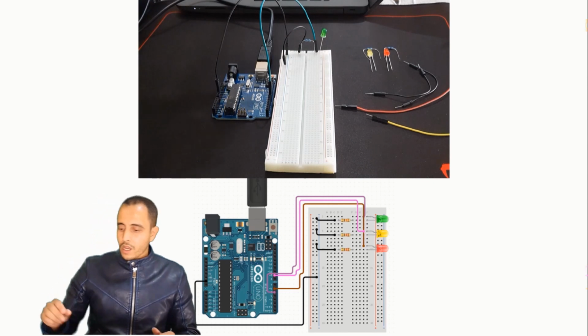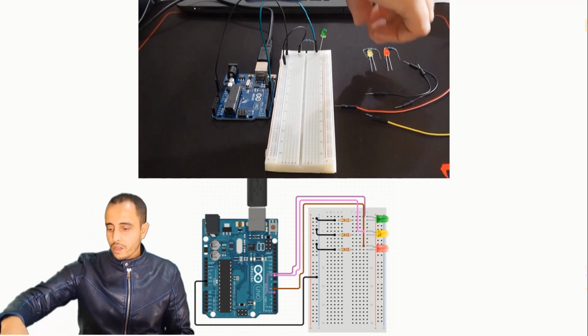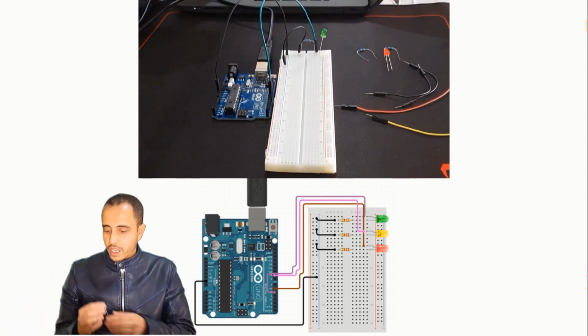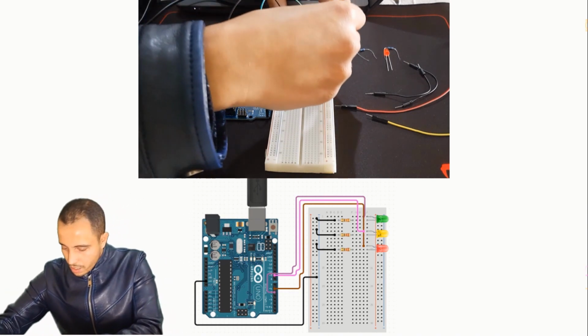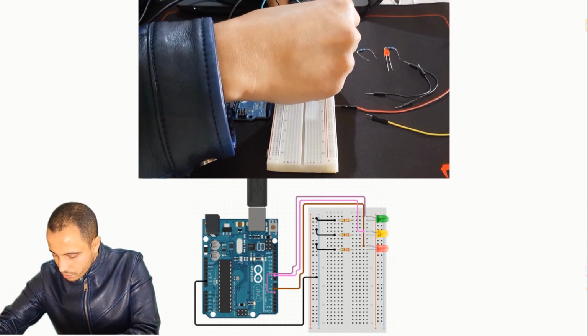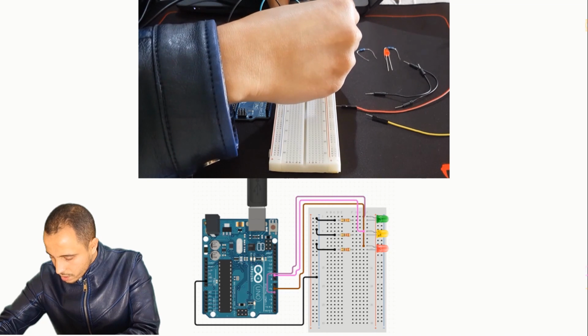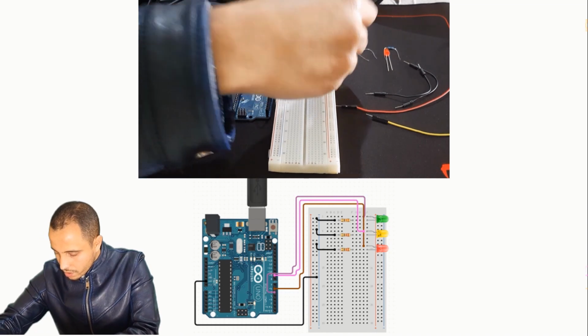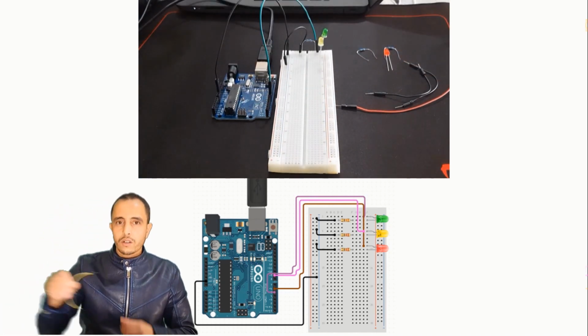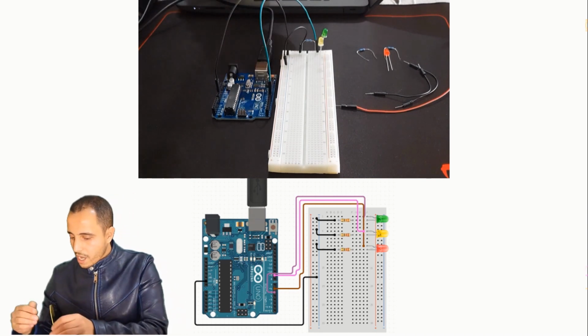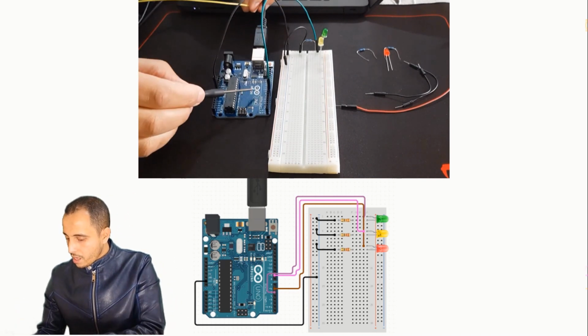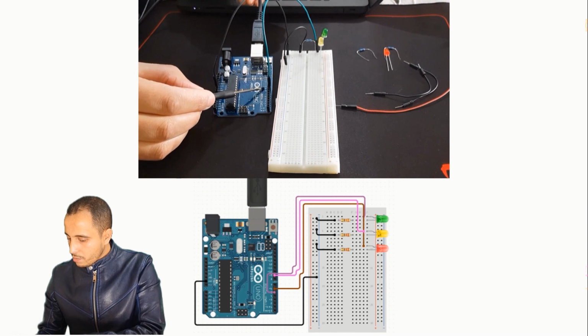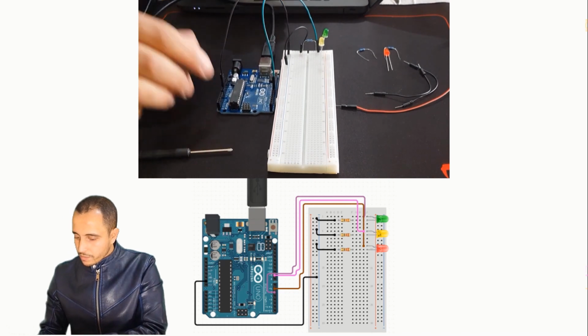Okay, we're going to do the same thing for the other LEDs. So here, I'm going to choose this one, of course. So the longer leg is going to be connected now to pin number 9, as you can see here, pin number 9.